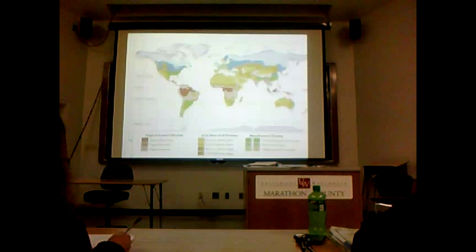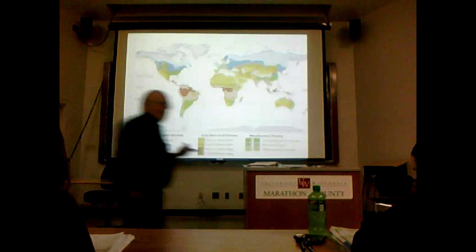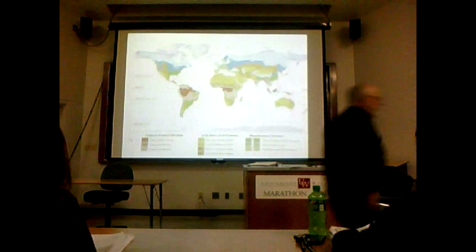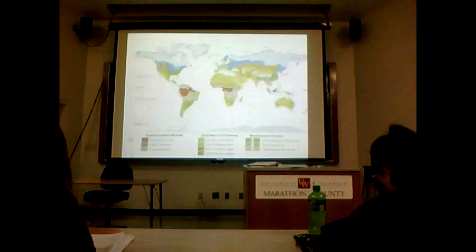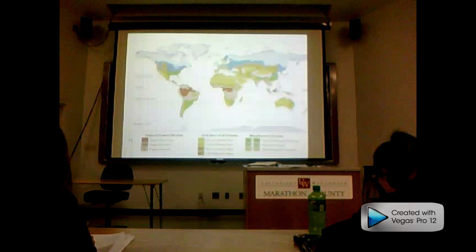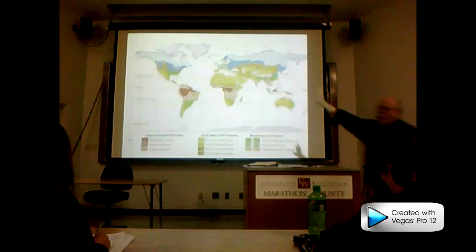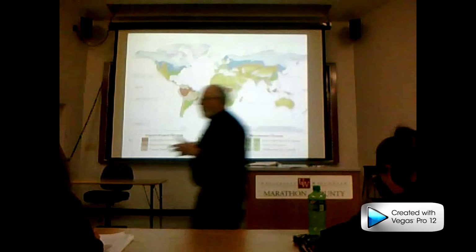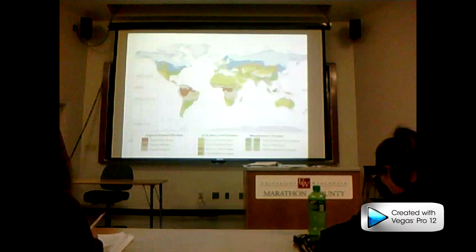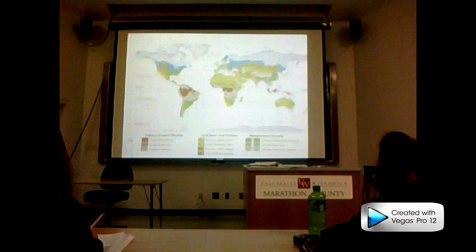Fourth factor, cold temperatures. Cold temperatures will lead to low precipitation totals. And again, as we push into Canada, on the eastward side of the Rockies, cool temperatures are a factor as well. And lastly, cold ocean currents.